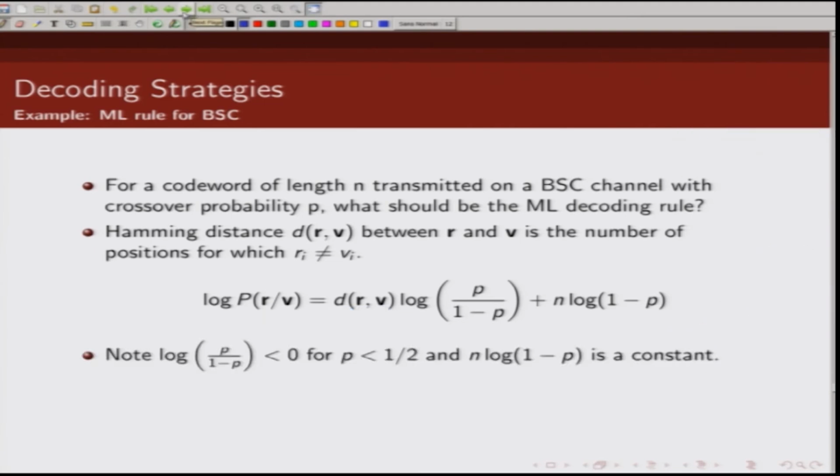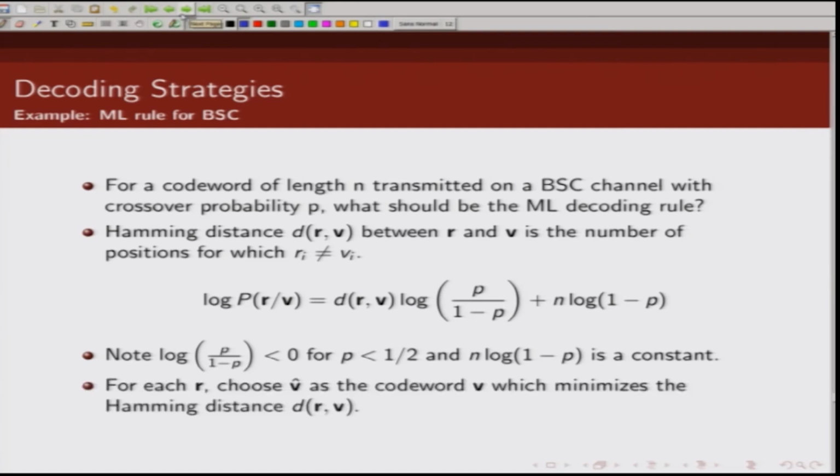So, that is what we are saying here. Log of p by 1 minus p is less than 0, so this will be a negative quantity. When you want to maximize a negative quantity, this term should be as small as possible, and this term does not depend on selection of v. So, this gives us a maximum likelihood decoding rule for binary symmetric channel, and what is that?